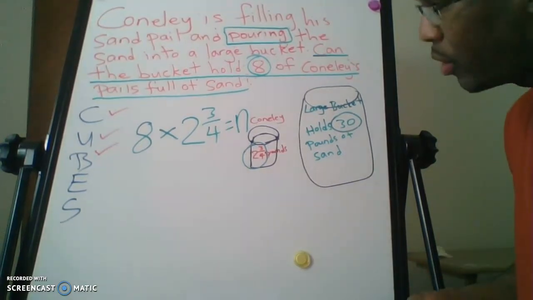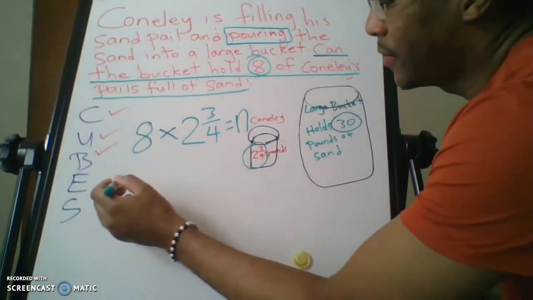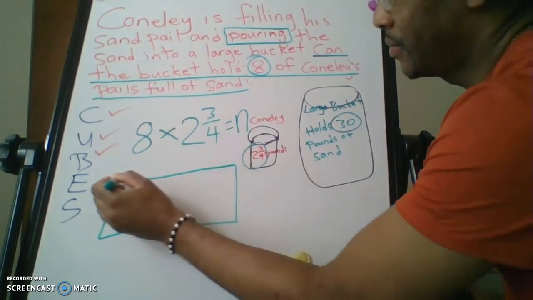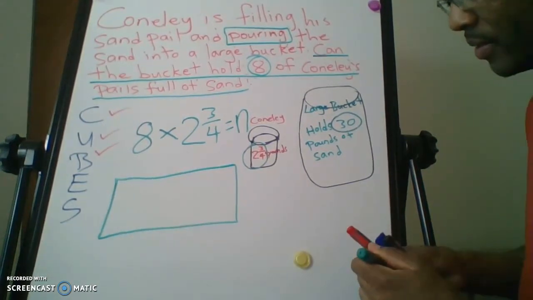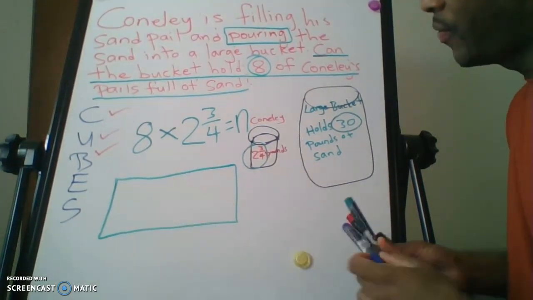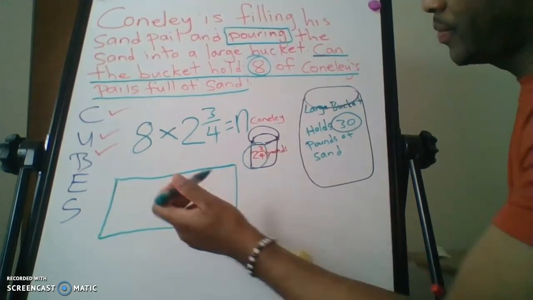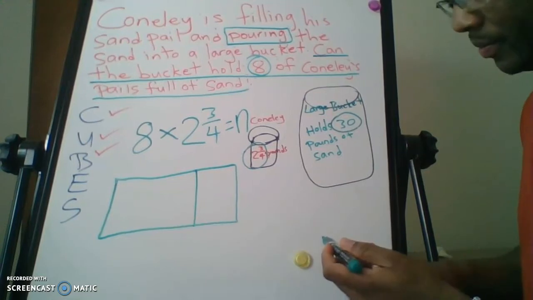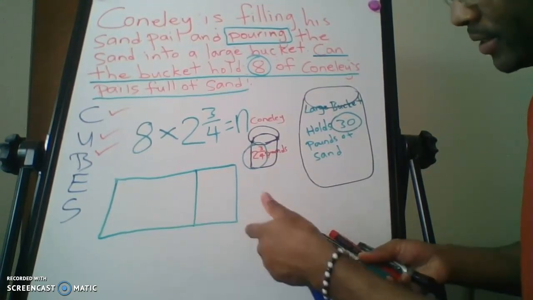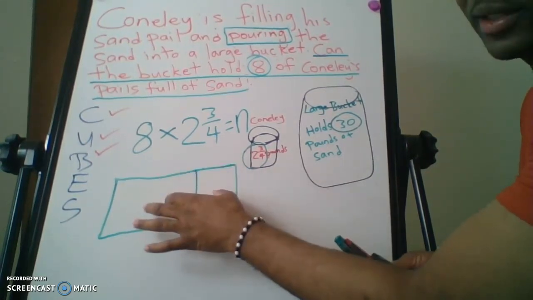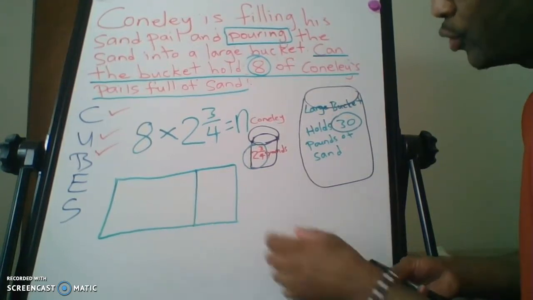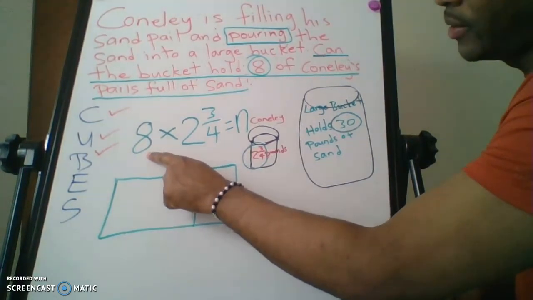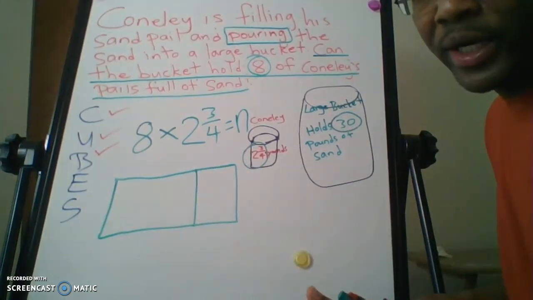Using the area model, I'm going to draw the area model here. I am only dividing this area into 2 because my first number, I will not be breaking it apart.